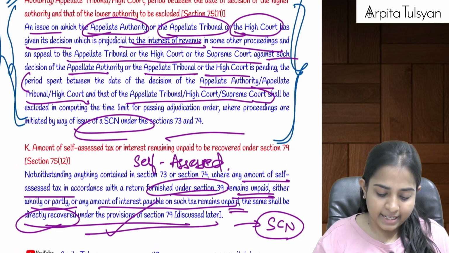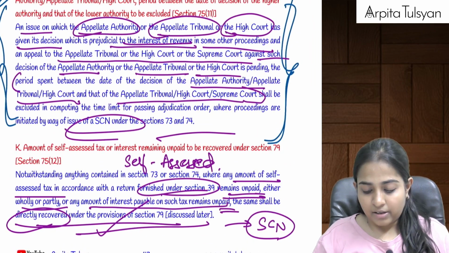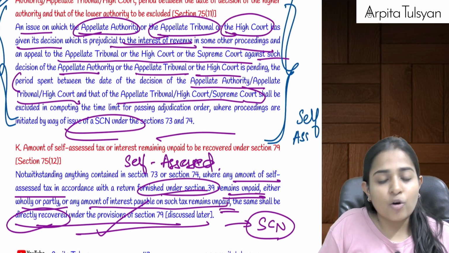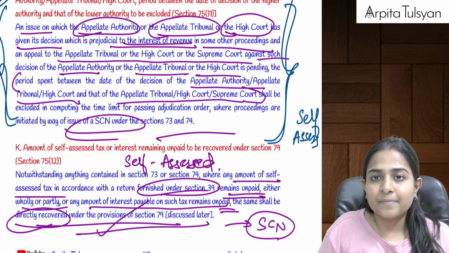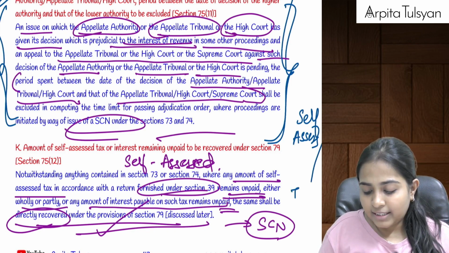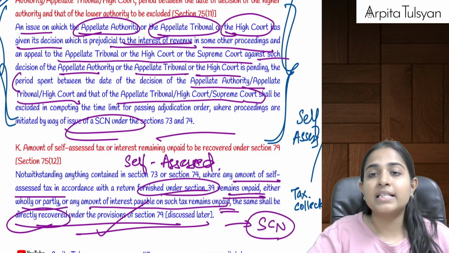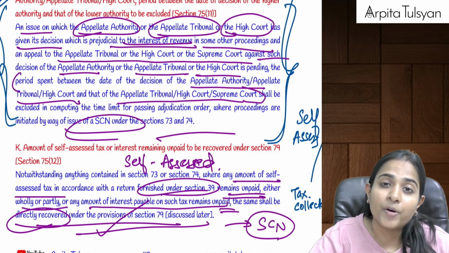Are you understanding this? Yes. And another important thing: do you recollect those two exceptional cases? One was the case of self-assessed tax, and the second was tax collected but not paid to the government. Remember, in these two cases, we did not get the benefit of 0% penalty.